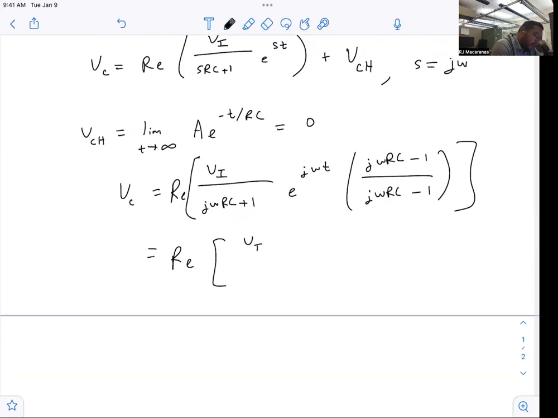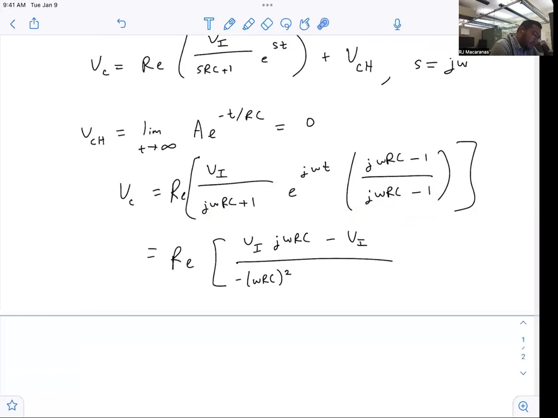We've got Vi times this j omega RC minus, all divided by, j squared times omega RC squared, which will give us a -1, and then we've got a minus j omega RC and then plus a j omega RC, so I'm not going to write that.